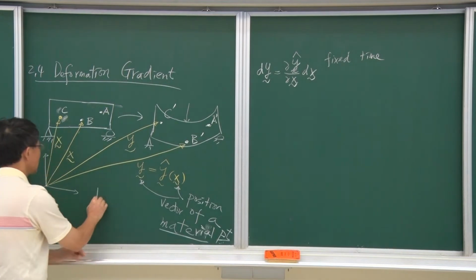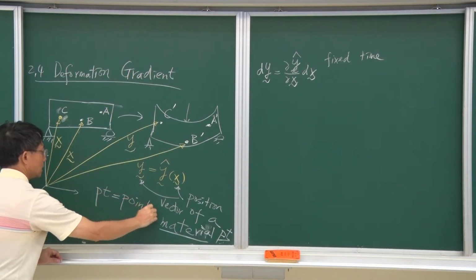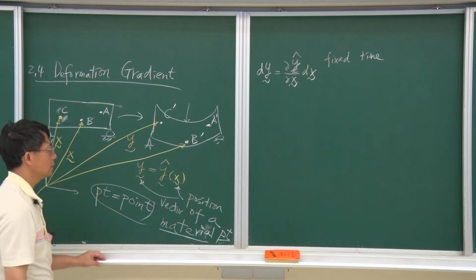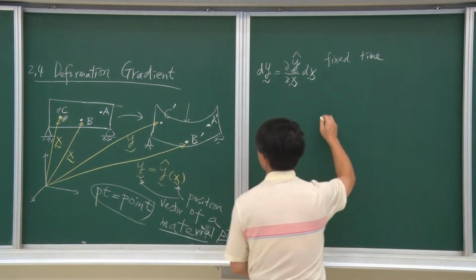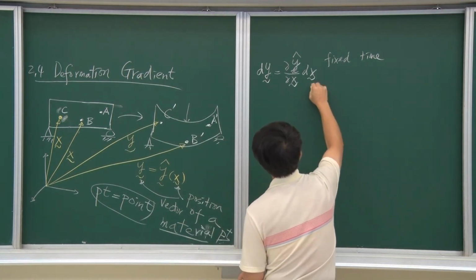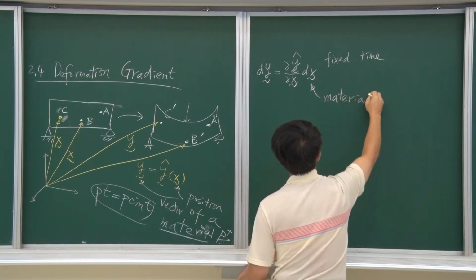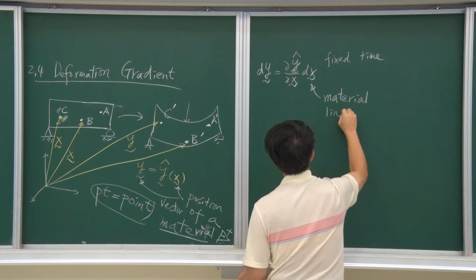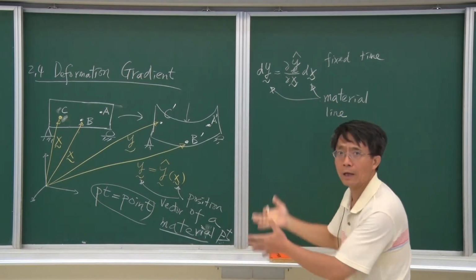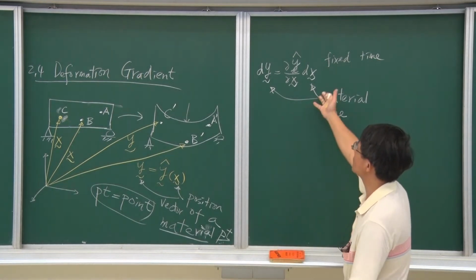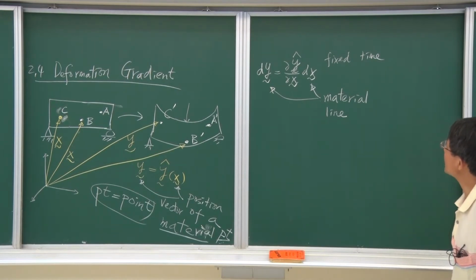Okay, point by point, we calculate one by one. Here, this is the material line. Okay, and this is two. Before and after the deformation, these are the material lines before and after the deformation.